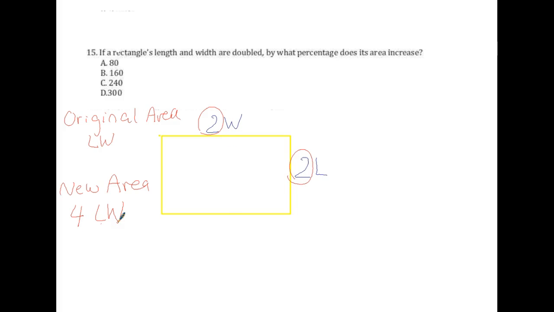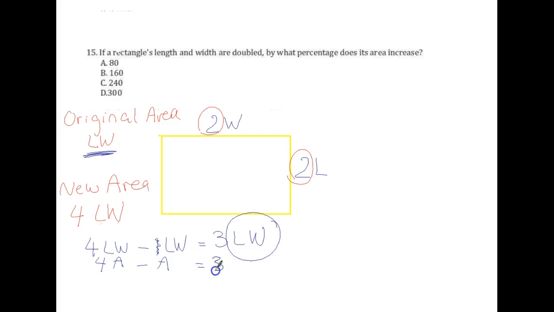So if we subtract the two areas to figure out how much it increased by, it's going to be 4LW minus 1LW, or you don't even have to write the 1. This is going to be equal to 3LW. If LW is going to confuse you, you can just say LW is my original area, so I can call it A. So 4A minus A is simply 3A.